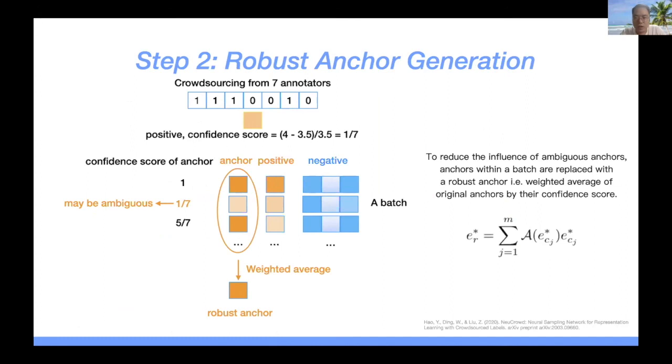So how do we do that? The intuition is that we believe the overall average is much safer than any individual sample. So to reduce the influence of ambiguous anchors, the anchors within a batch are replaced with a robust anchor. The robust anchor is the weighted average of the original anchors by their confidence score, as shown by this formula on the right side.